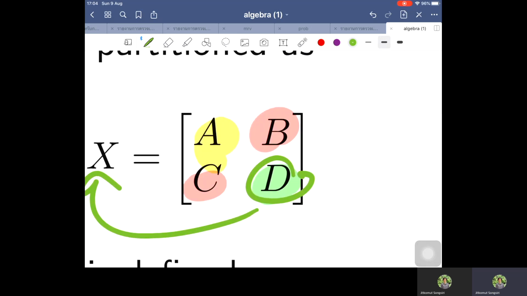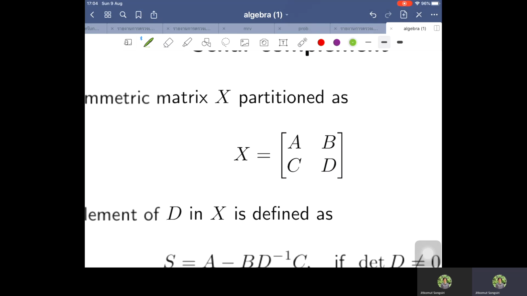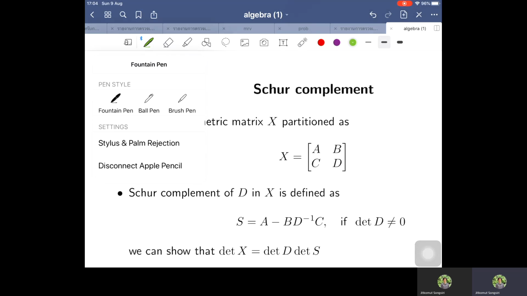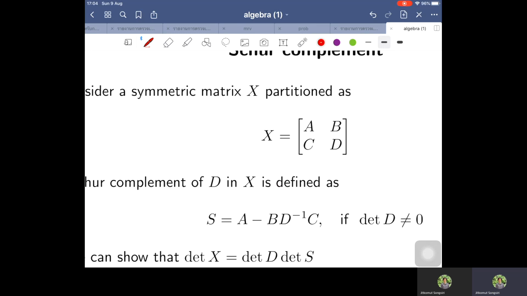For example, A and B must have the same rows, and C and A should have the same columns. So the Schur complement of D in the matrix X is defined as A minus B D inverse C.